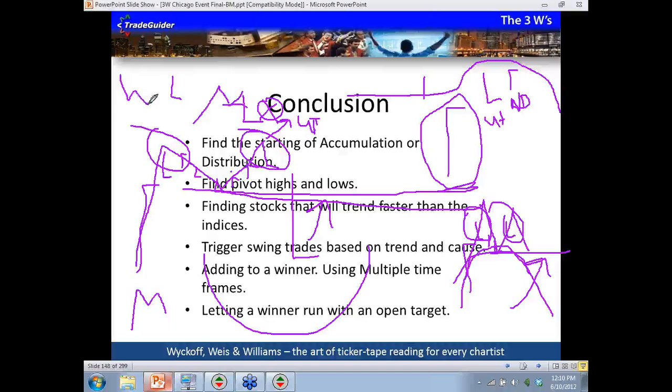It's the same exact principle. That's the beauty of volume spread analysis and the Wyckoff method: it's so redundant and repetitive. Pretty soon the light bulb will come on, and you'll be able to see exactly where it should stop, where it should go, and where to get in. Does that make sense with the M's?